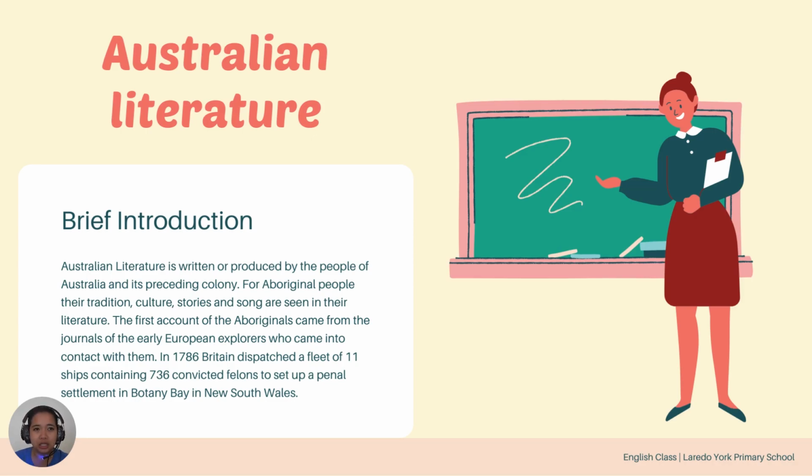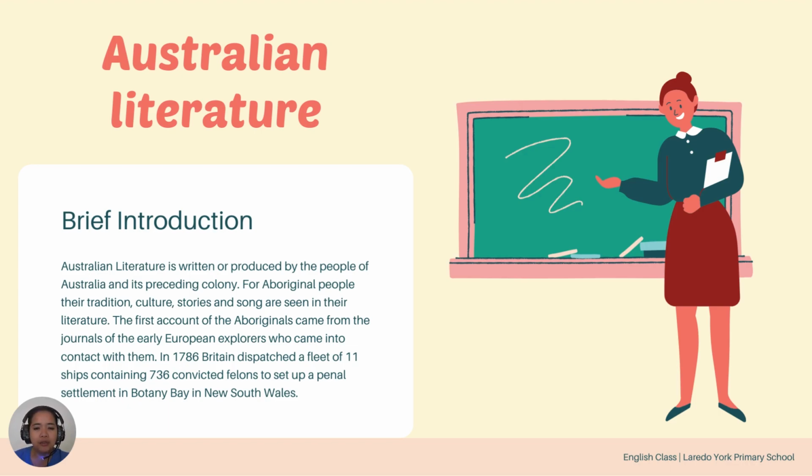Of course, when we talk about Australian literature, this is literature from Australia and the other preceding colonies. For Aboriginal people, or the people from Australia, their tradition, culture, stories and songs are clearly seen in their literary works. If you look into the culture or history of Australia, their literary works are affected by the history, and of course, by the European explorers who came into their place.